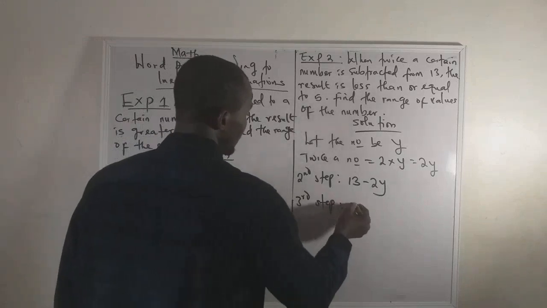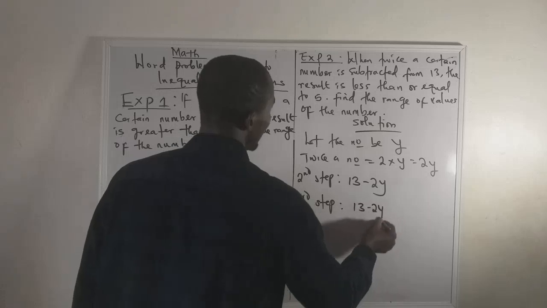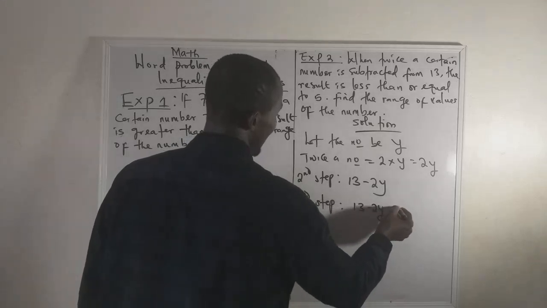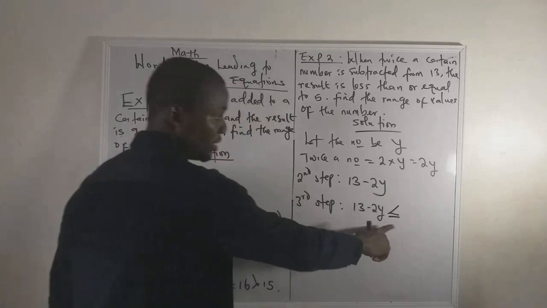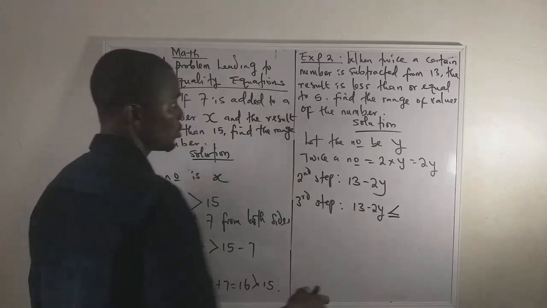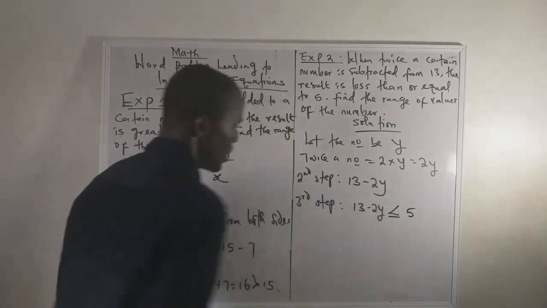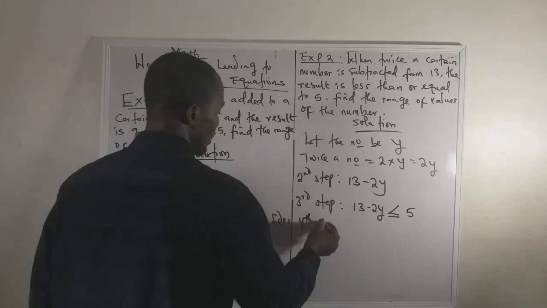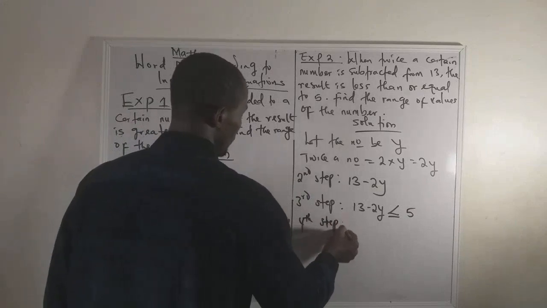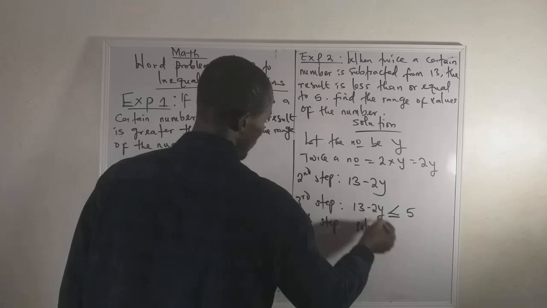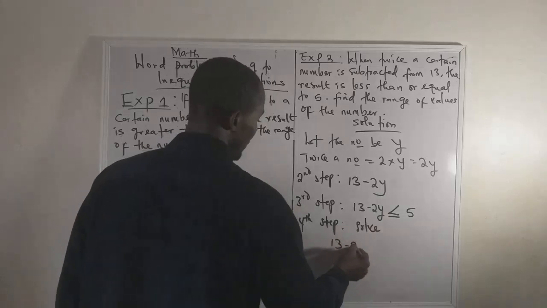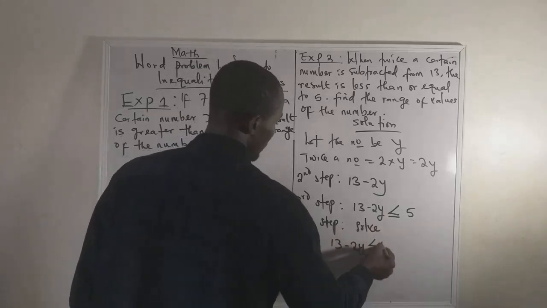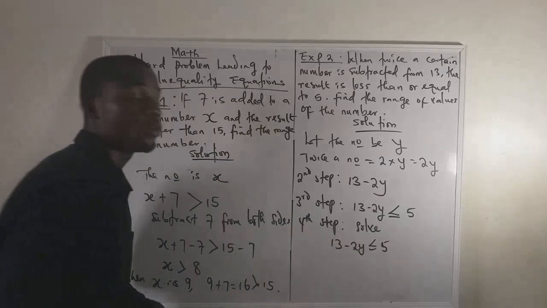They said 13 minus 2y is less than or equal to 5. Our next step is to solve. So we have 13 minus 2y less than or equal to 5.